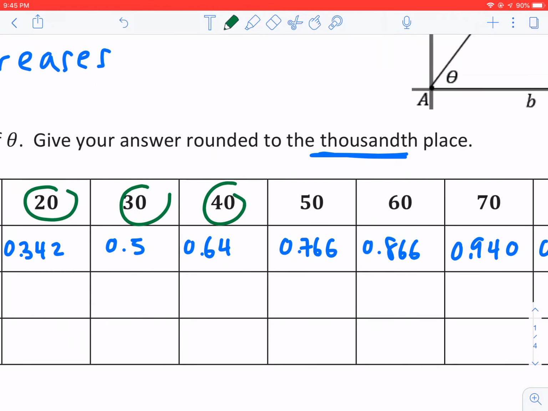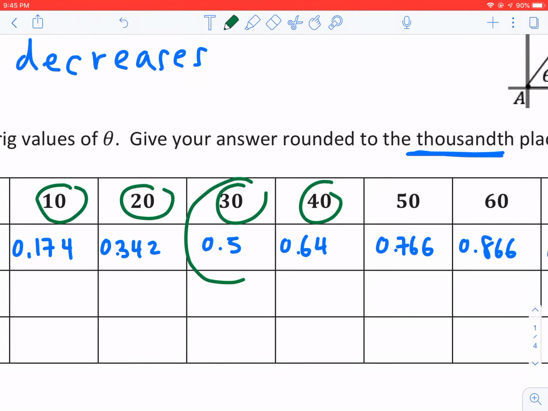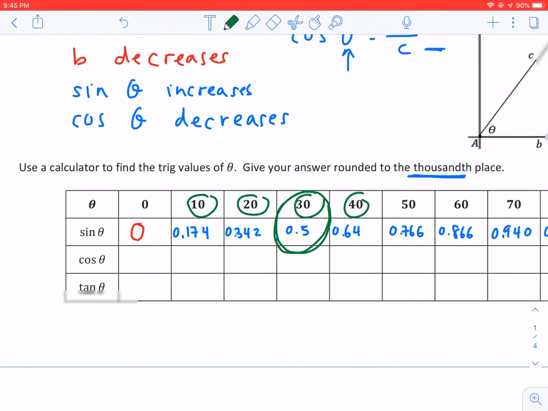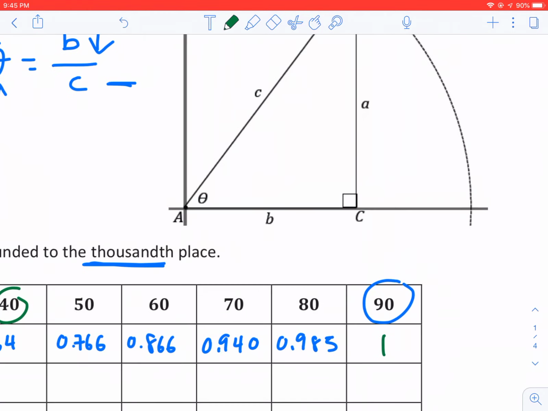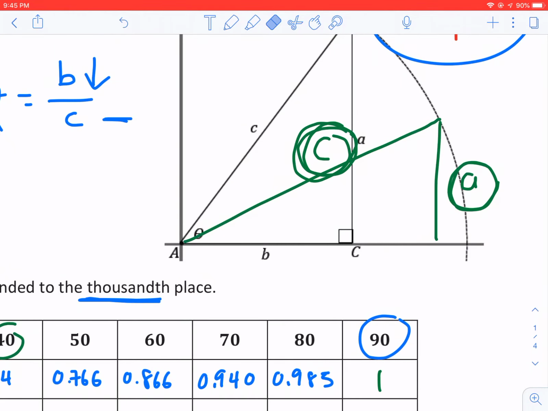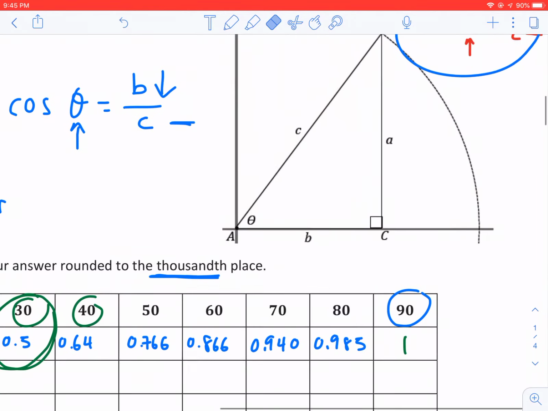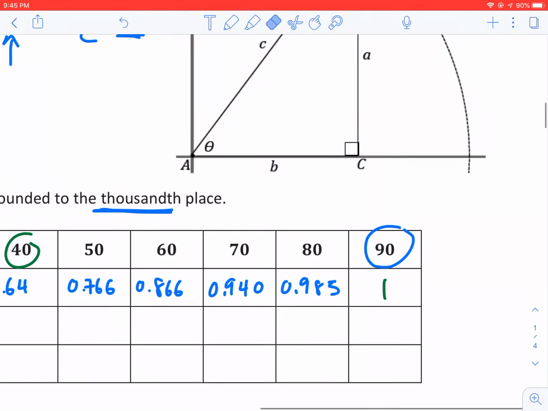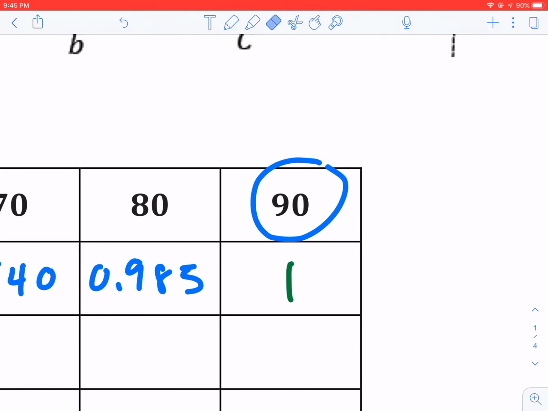Sine of 30 degrees, this is one we should know from our special right triangles. At 30 degrees, this ratio is in a 1 to 2 ratio. This A value is exactly half of C, or the C value is twice A at 30 degrees. And then we keep increasing until sine of 90 is going to equal 1.